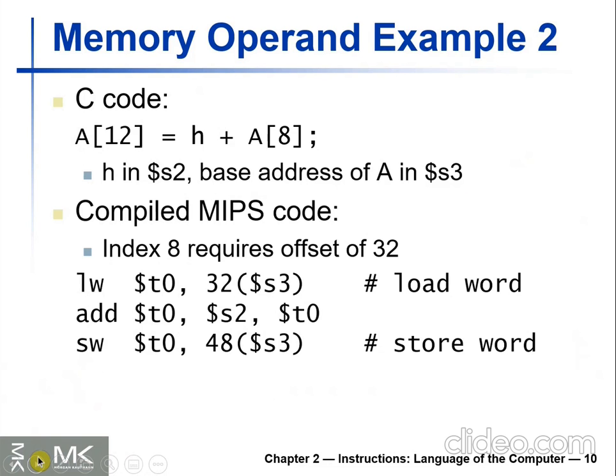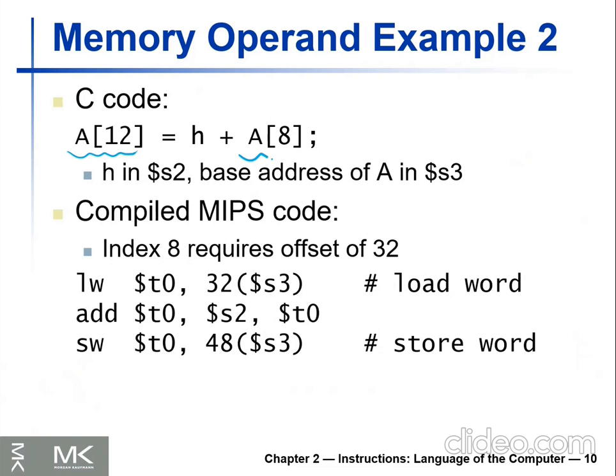Another example. What if the destination is another element in the array A, another location basically? Here we should do load and store, because again, the add instruction, the arithmetic instruction in general, cannot go directly and process data in the memory in the MIPS instruction set.